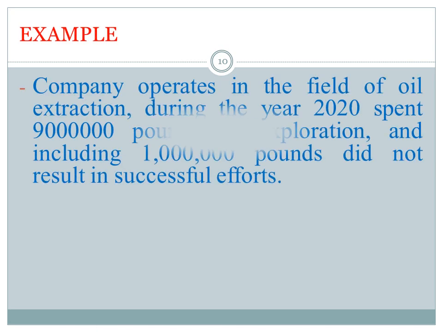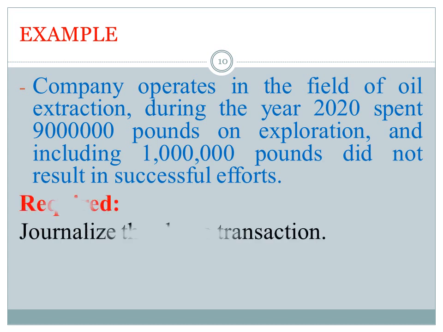Example: a company operates in the field of oil extraction. During the year 2020, it spent £9 million on exploration, including £1 million that didn't result in successful efforts. Required: journalize the above transaction.